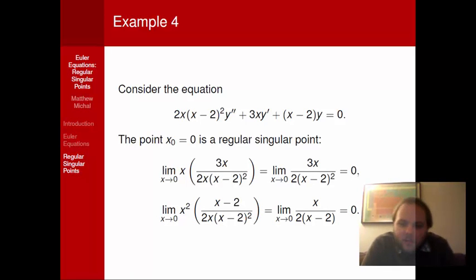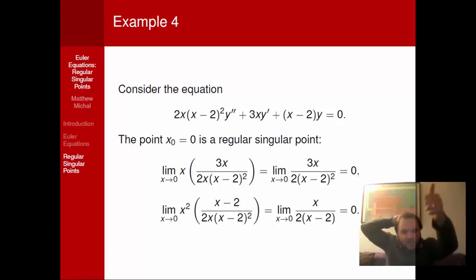Let's check 0. Well, 0 is a regular singular point because when I plug everything in, things cancel out. Notice the x and the x cancel out. And I'm left with 3x over 2x minus 2 squared. So the top becomes 0. The bottom becomes 2 times 4, 8. So 0 over 8 is 0. Do the same thing again. X cancels out with the x on the bottom. So I'm left with an x on top. And x minus 2 cancels out.